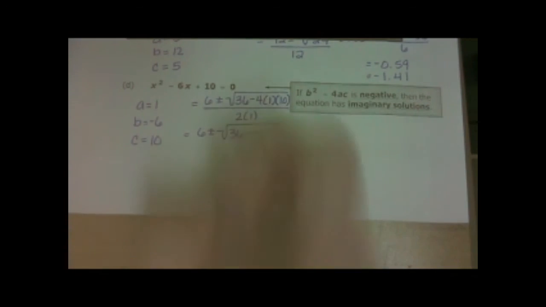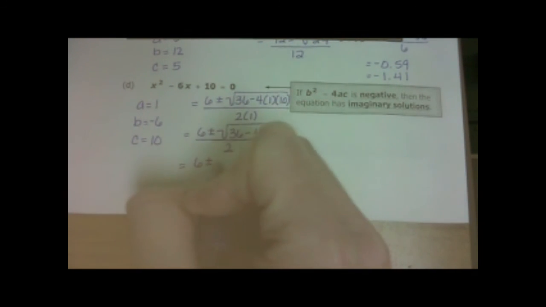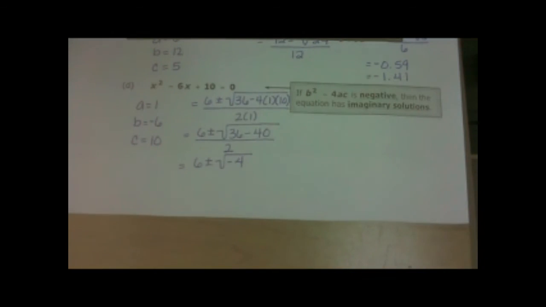And we get 6 plus or minus the square root of 36 minus 40. And this is over 2. Let's do that subtraction. So we get 6 plus or minus the square root of 36 minus 40 is negative 4. And notice we've got the square root of a negative number.